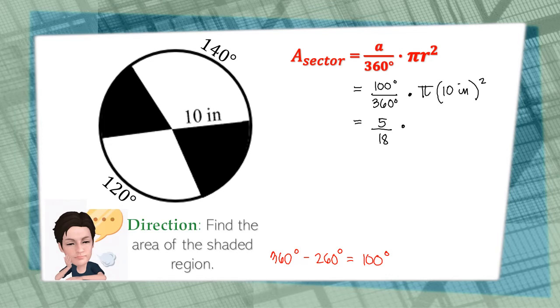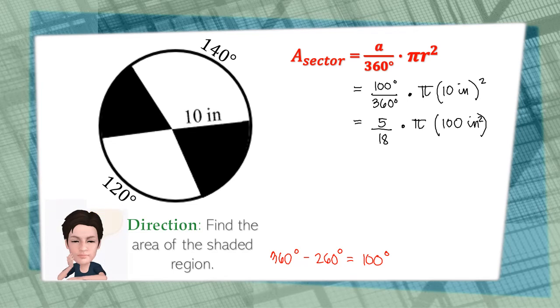And I'm going to multiply it with pi. And what is 10 inches squared? 10 inches times 10 inches, we would have 100 inches, and of course, I'm going to put squared, by the way. So now, 5 over 18 multiplied with pi and 100 inches squared.